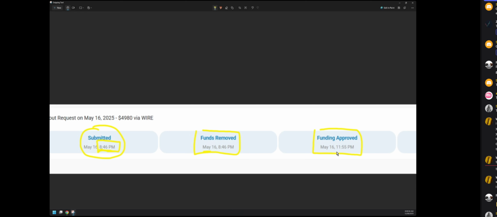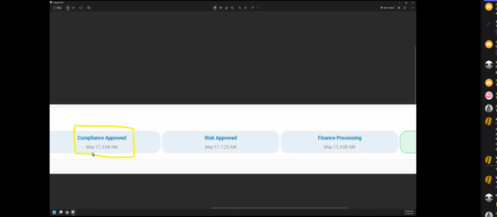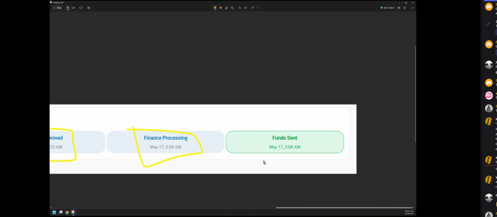Okay, Friday 11:55. Same 17th May: compliance approved, risk approved, finance processing. The same 17th May. Is the fund sent? And I still didn't receive that payout. And today, Wednesday, they are telling me the congratulations mail.